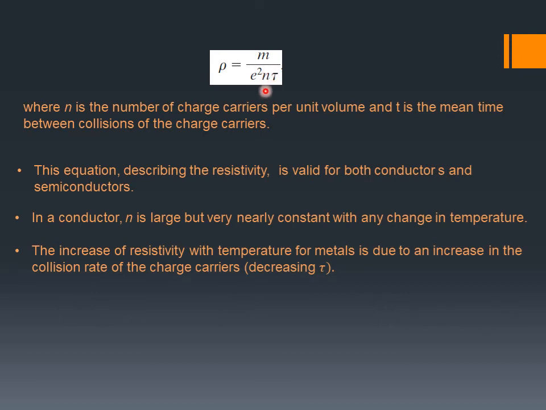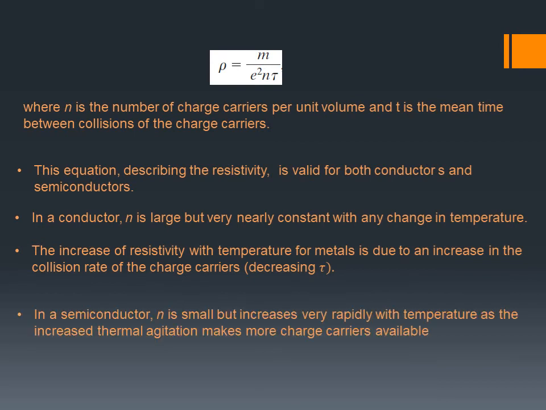If t decreases, then according to this equation, rho, the resistivity, increases. So for metals, resistivity increases with decreasing t, and t decreases because of the temperature.